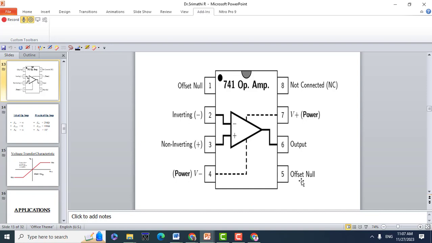You need to supply some voltage in the null pins. Inverting and non-inverting inputs are pins 2 and 3, the power supply pins are 4 and 7, and there is no connection on the 8th pin. You have the input terminals and the output terminal, and 7 is connected to positive and 4 is connected to negative.